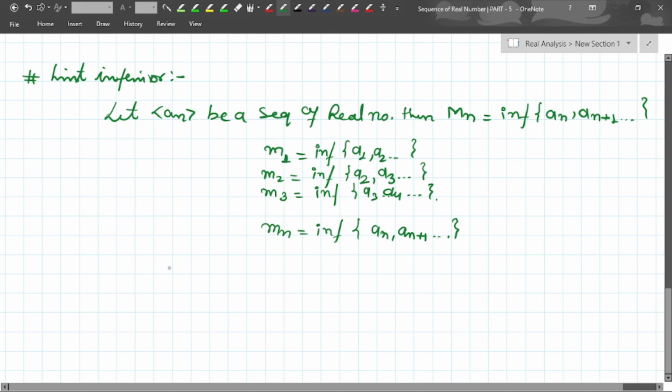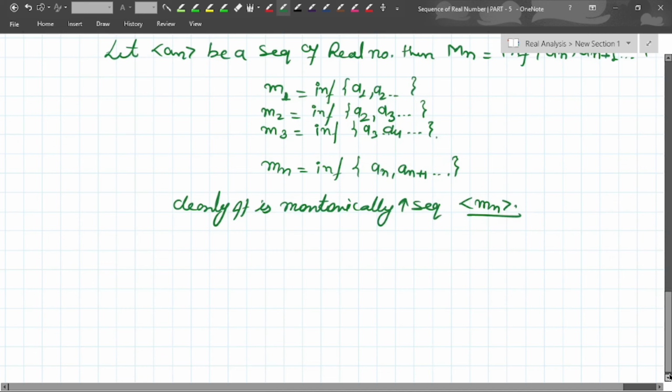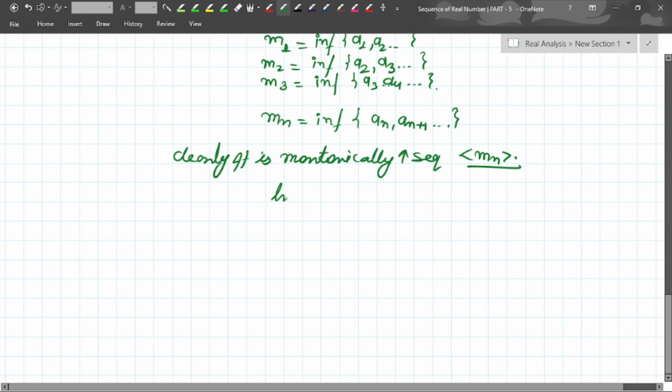Clearly, the mn sequence is a monotonically increasing sequence, and its limit as n tends to infinity is denoted by the limit inferior of an. Okay, so this is all about the limit inferior.